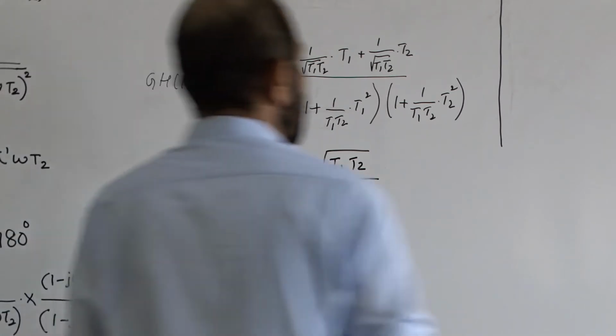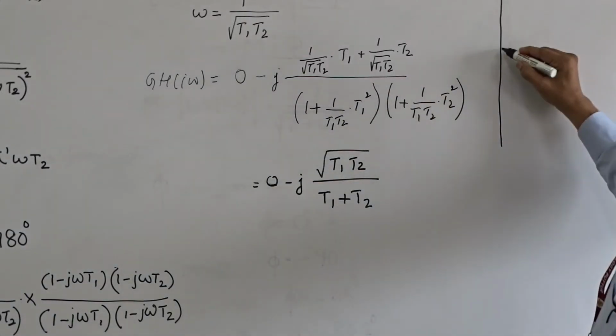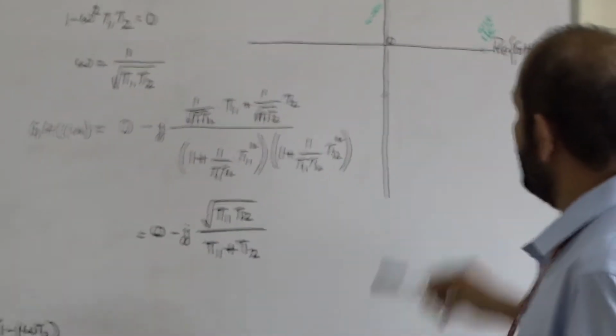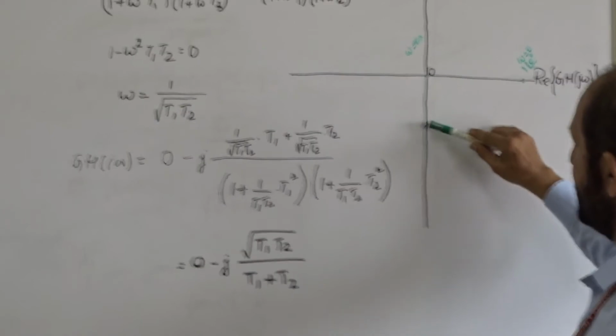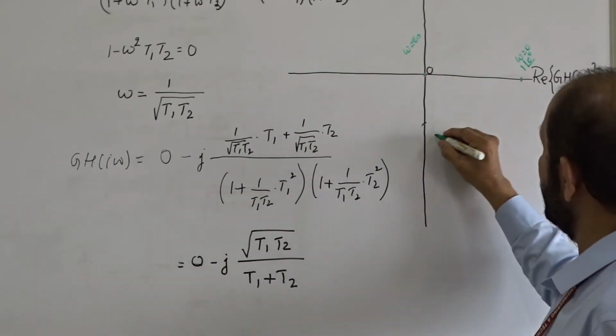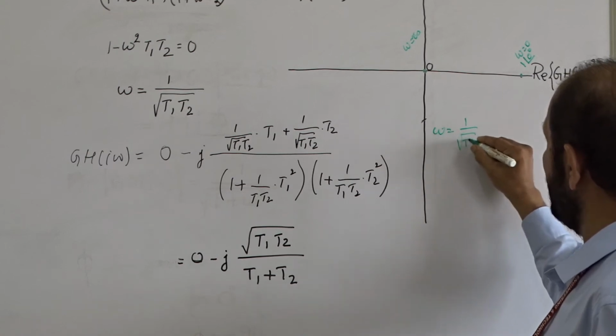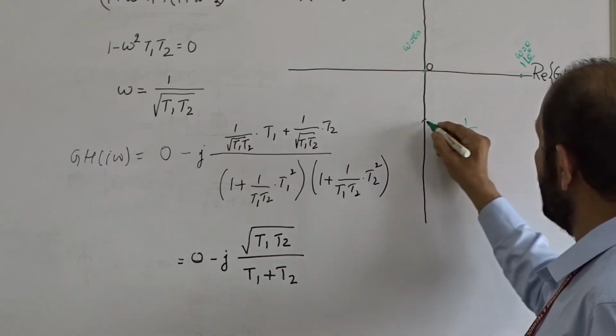So mark that one. This is the point. Say the plot crosses the imaginary axis at this point. For what value of omega? When omega is equal to 1 divided by square root of t1 t2. And what is this point?